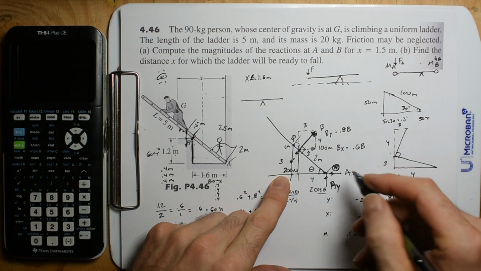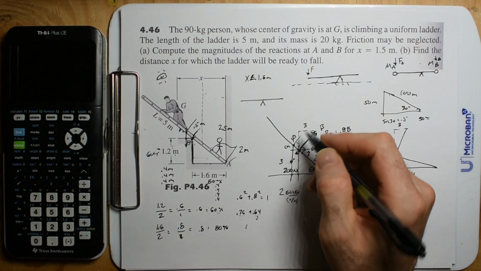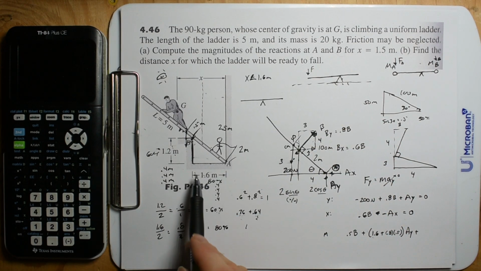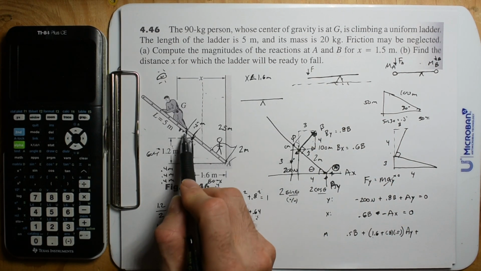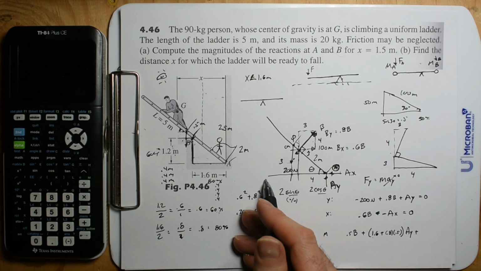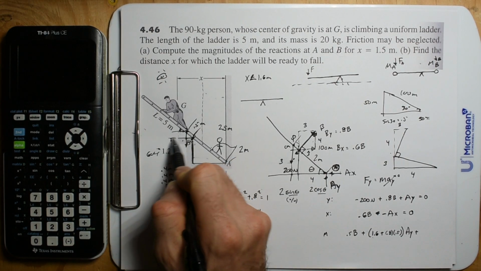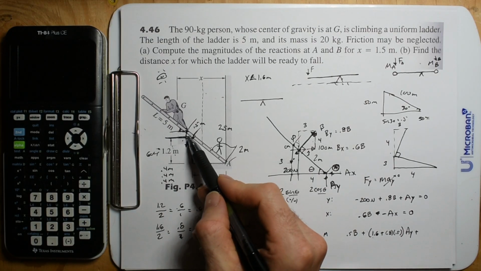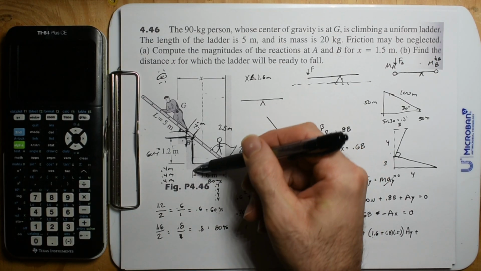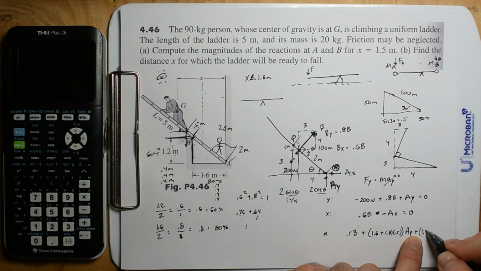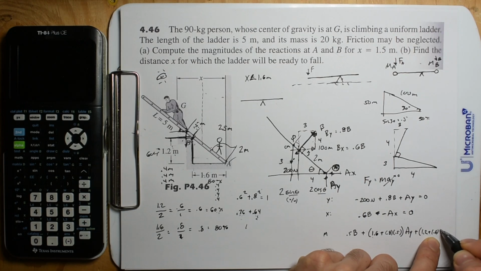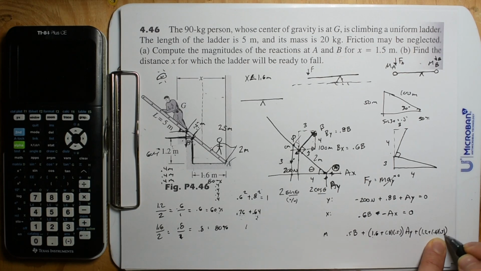I'm not doing it the easiest way, but it's useful because we're figuring out these distances on the fly using the 3, 4, 5 triangle. This distance is 60% of 0.5 added to 1.2. So 1.2 plus 0.6 times 0.5, and that's going to be AX.